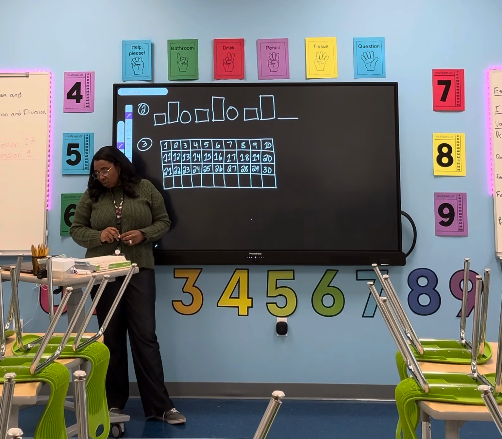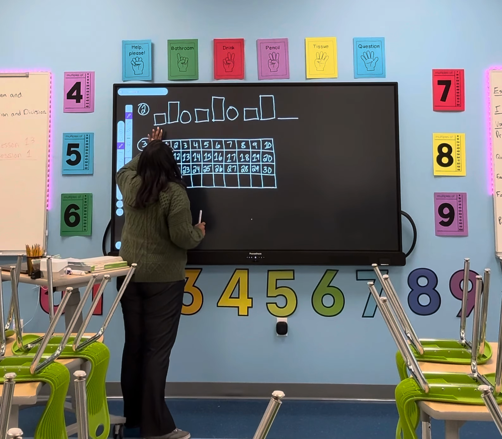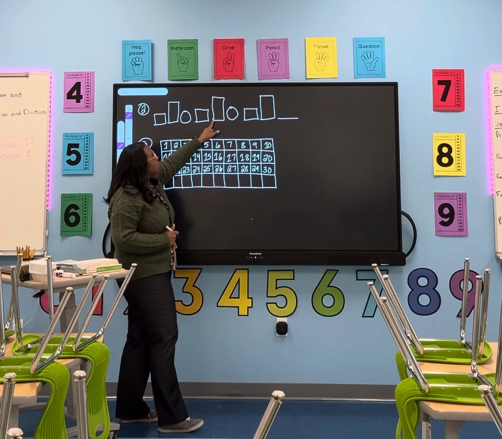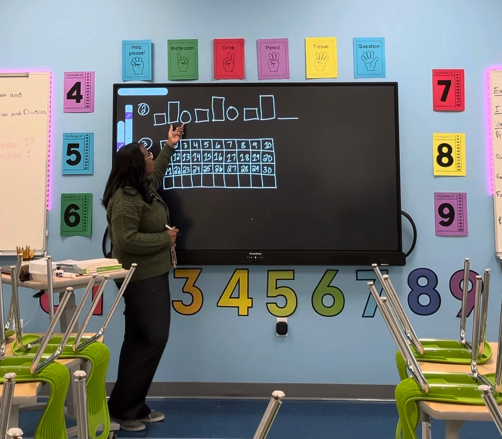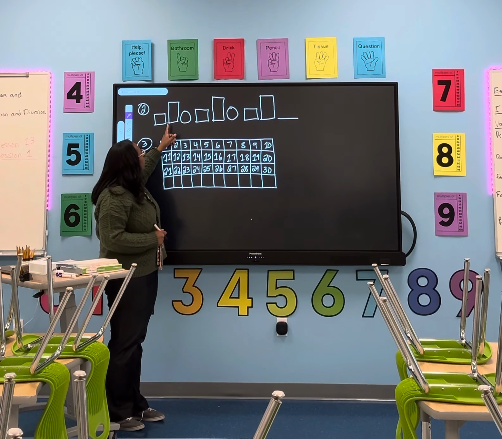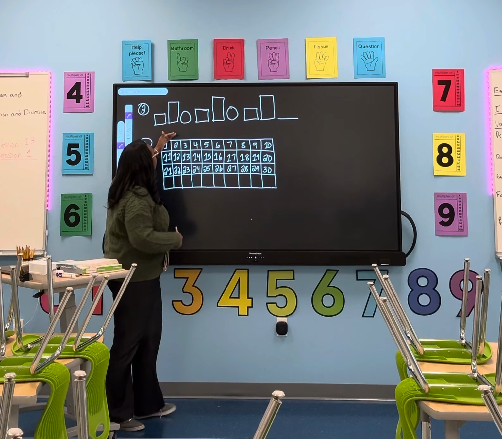Explain why you drew that shape. Okay, so if we look at the pattern, there is a square, a rectangle, circle. Square, rectangle, circle. So I'm looking at 3 shapes that seem to be repeating themselves. We have the square first, the rectangle, then a circle, and then that's a group.